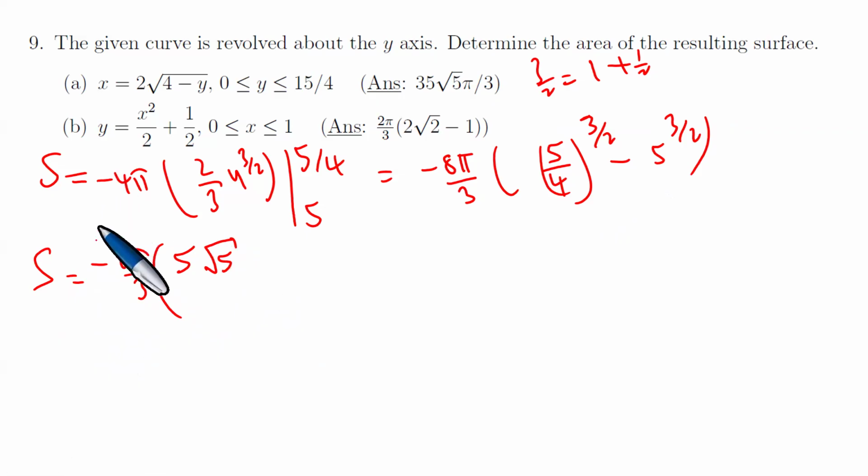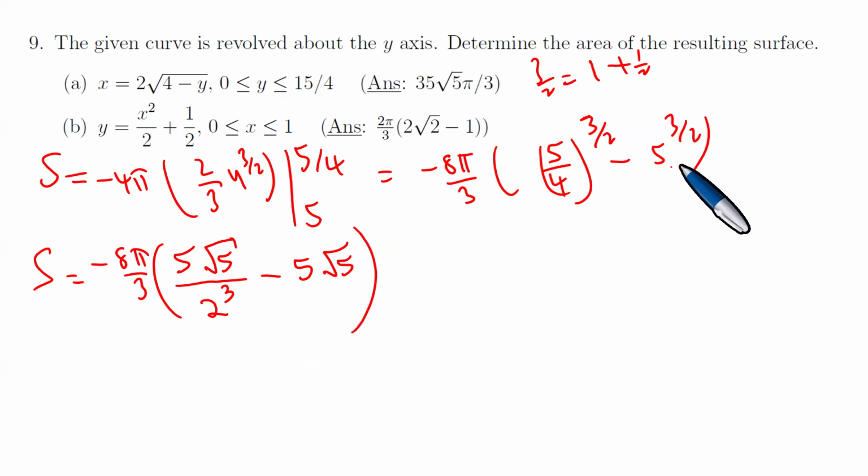Okay, we check this one. So in the denominator, you have 4. 4 is the same as 2 squared. The square is going to cancel these 2, giving us 2 to the power 3. Minus this one here, it's going to be 5 to the power 3 out of 2. 5 to the power 3 out of 2 is 5 times the square root of 5, because the 3 out of 2 is 1 plus a half.